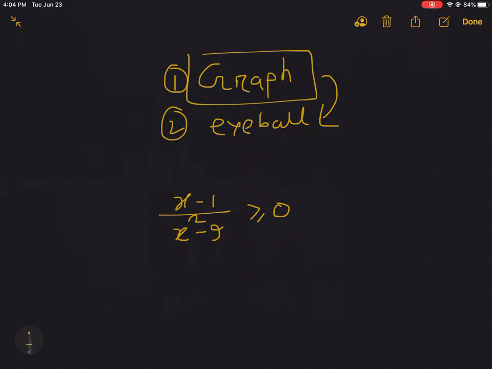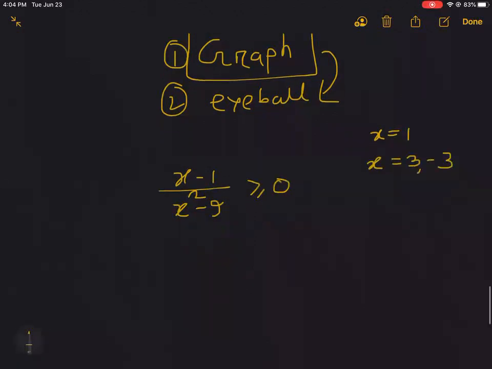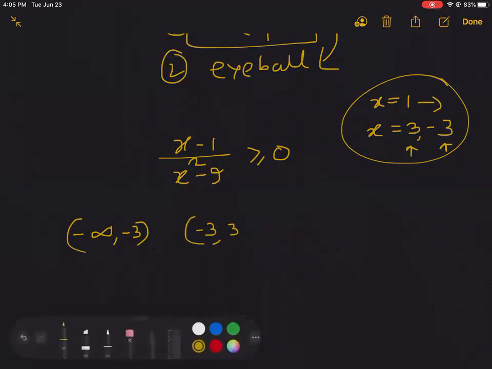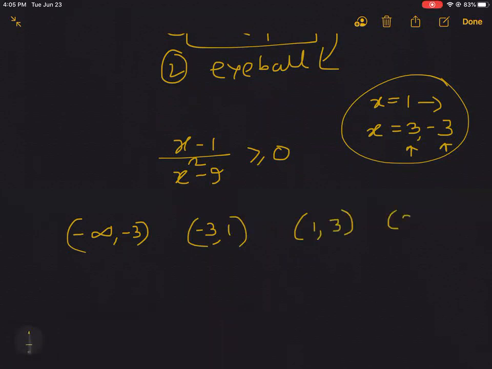If you remember from yesterday, if you don't remember, let me remind you, our zero is at x equals 1 for the numerator, and the zeros for the denominator are at x equals 3 and -3, right? As we have 3 zeros, we subdivided the number line into 4 intervals: from -infinity to -3, -3 to 1, 1 to 3, and 3 to positive infinity.